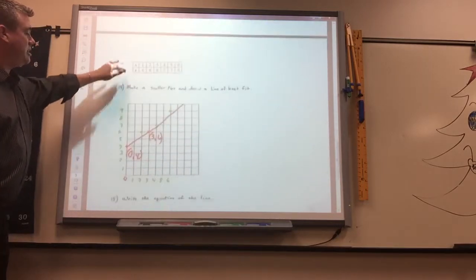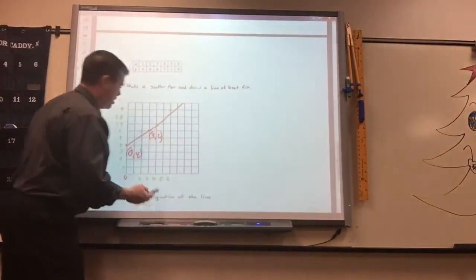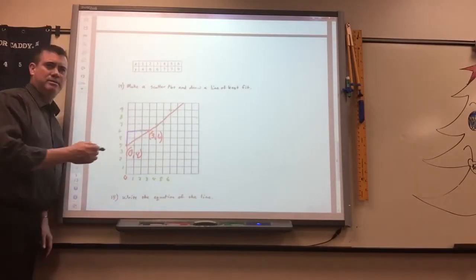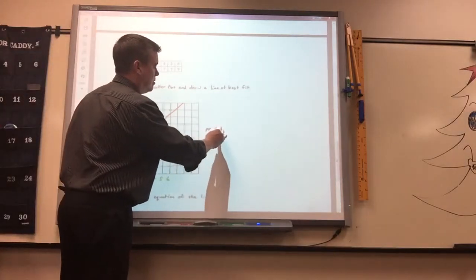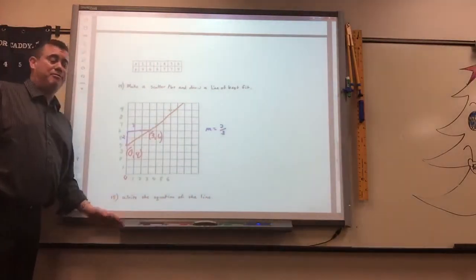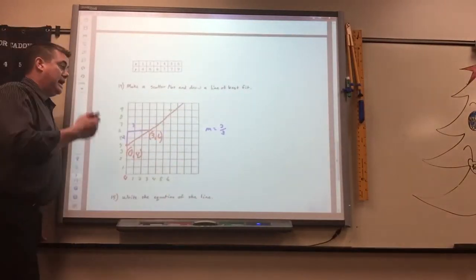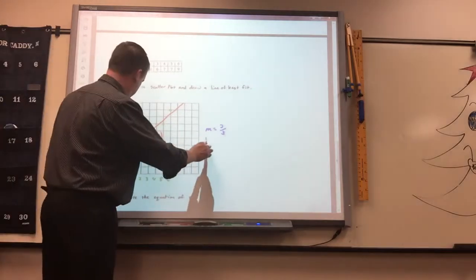What works out nice here is my slope goes up 2 and over 3. Again, yours could be different because it's just how you put your line in there. For me it worked out good because my B turns out to be 4.